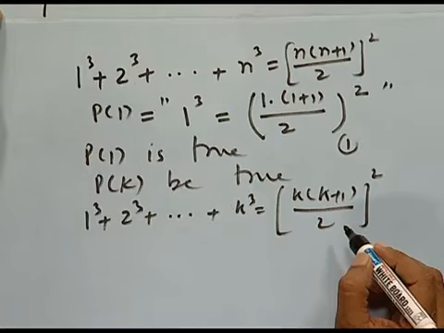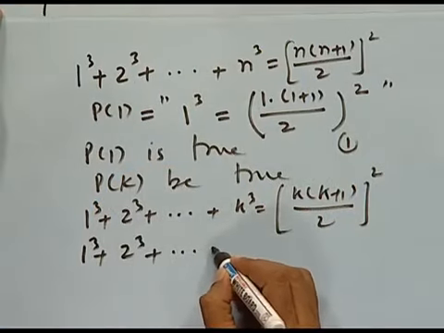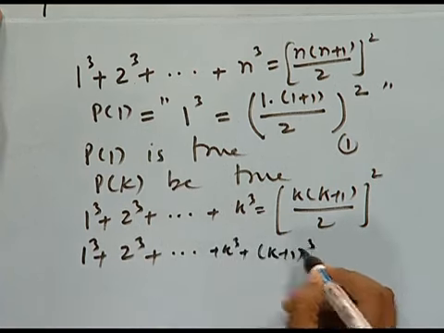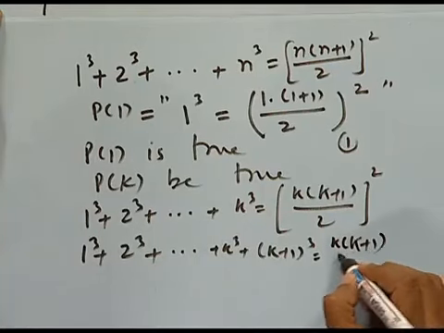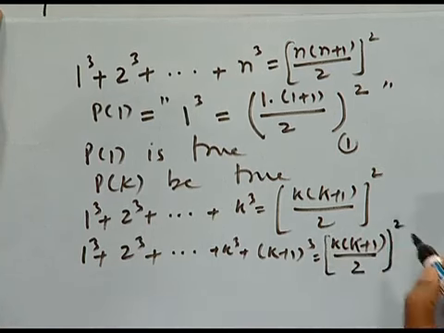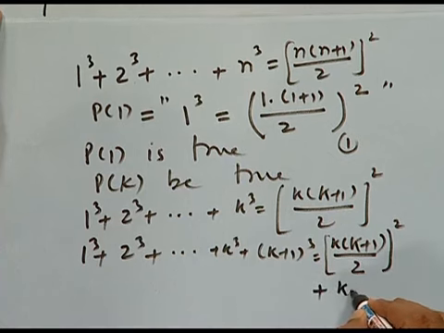As before, we add the next term on both sides, which makes 1 cube, 2 cube and so on up to k cube plus k plus 1 cube. This equals k times k plus 1 by 2 whole square plus k plus 1 cube.